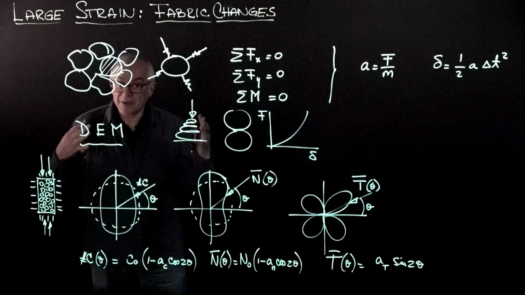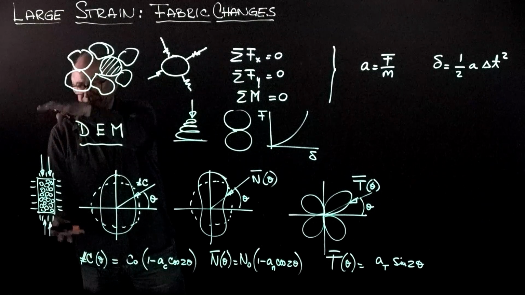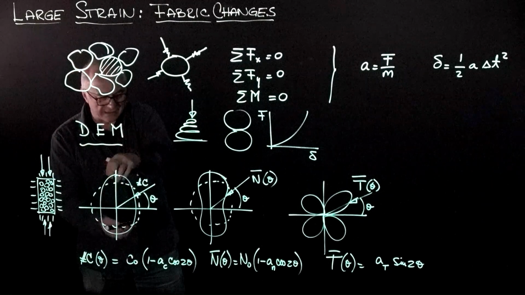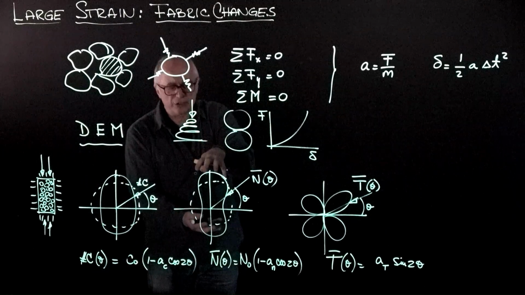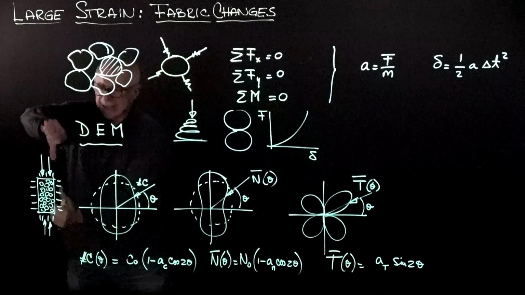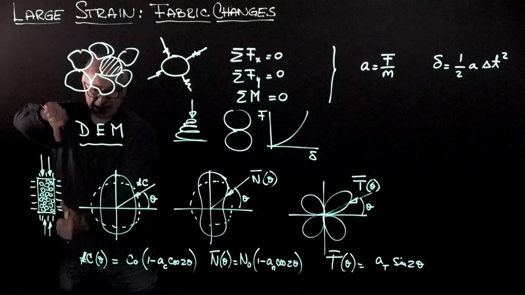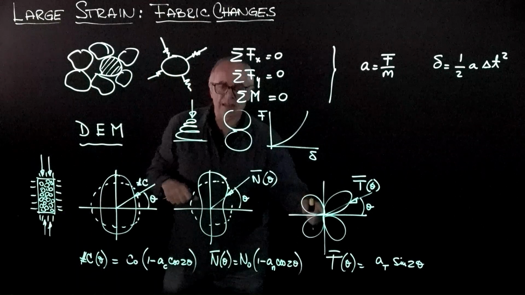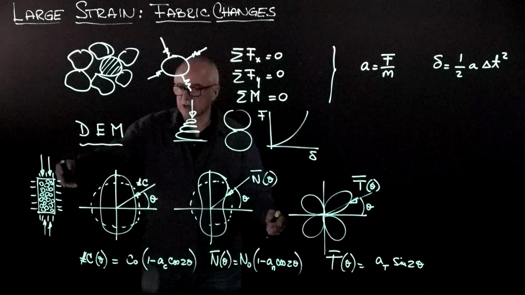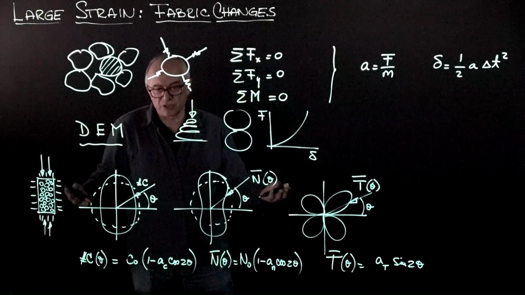So look how interesting this is. When the sigma 1 is in the vertical direction, the prevailing number of contacts and the magnitude of the normal forces align to take that primary loading direction. And in that primary loading direction, there is zero shear. Shear is mobilized transverse to sigma 1 and sigma 3. It's in the direction of maximum shear.